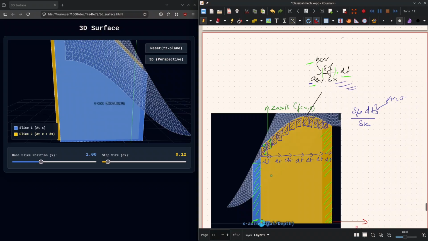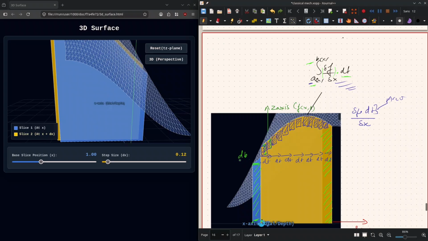And the length of the small step was dx. That gives us the width of this patch, which is db, if we consider this as b.